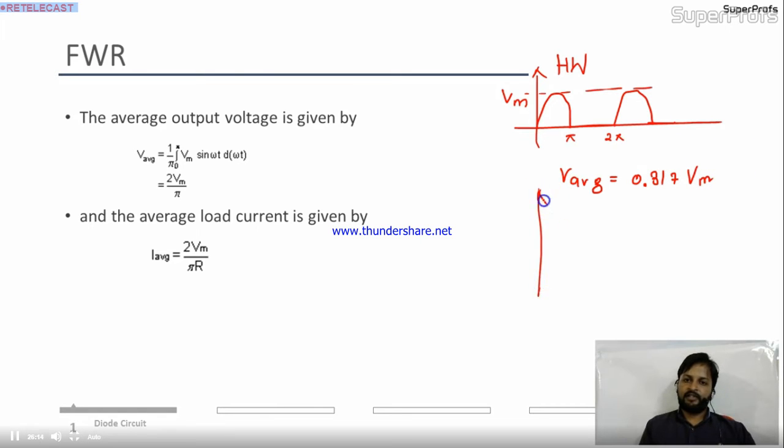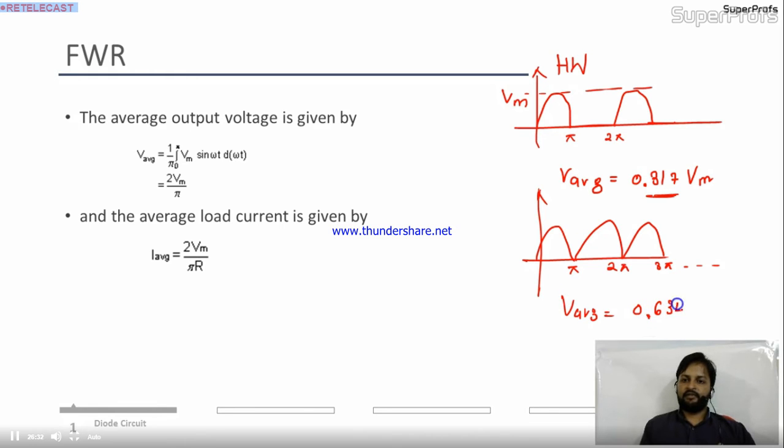If instead you have full wave, 0 to pi, 2 pi, 3 pi and so on, in this case V average will be just double of it, 0.634 of Vm. Or in another way you can remember this as Vm by pi in the half wave, and in this case it will be 2 Vm by pi. I hope this is clear to you.